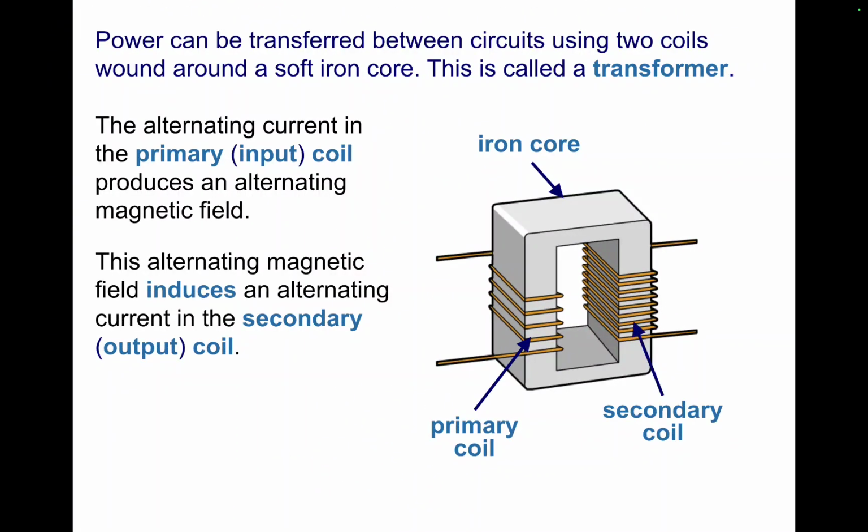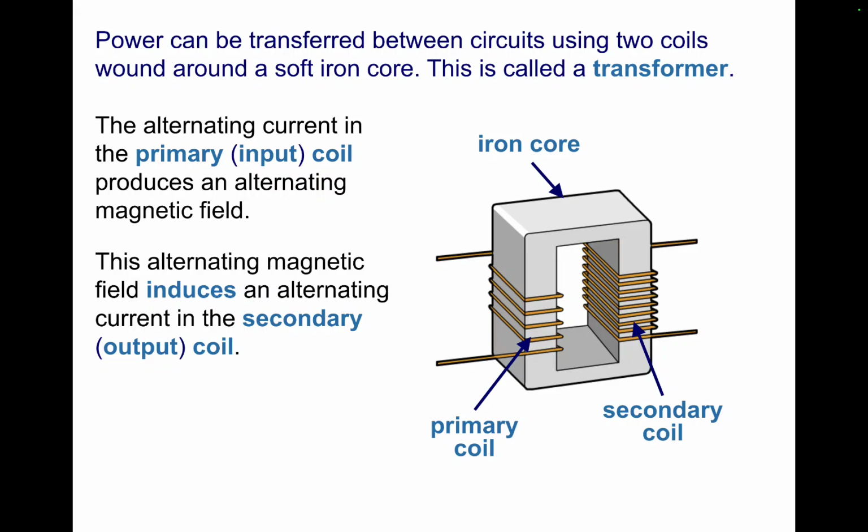So basically you put an alternating voltage on the primary coil, which would induce an alternating current in the primary coil. And you should already know that, due to the right-hand rule for wires, when you put a current through a wire, it produces an associated magnetic field around the wire. Because it's an alternating current, you'd get an alternating magnetic field.